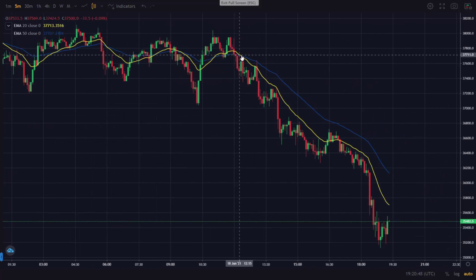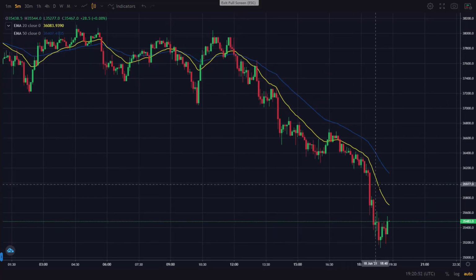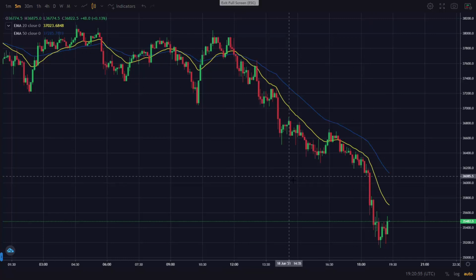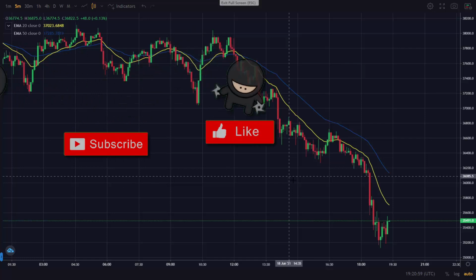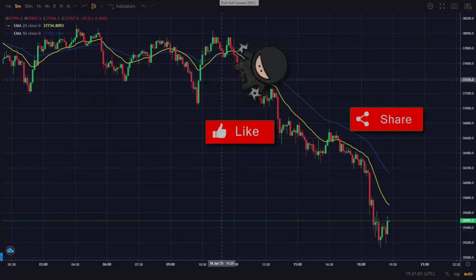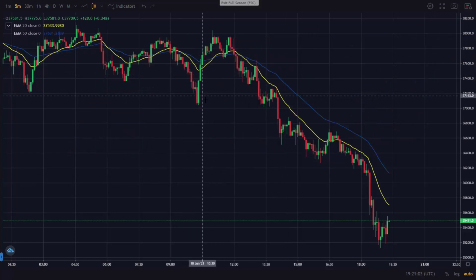As you can see from here, the 20 period crosses below the 50 period and we go into a downtrend. Now, we will always trade with the trend, never against it, and that's why we have this too. Trading against the trend is never recommended. So these two are going to be used to guide us in our trade in this strategy.